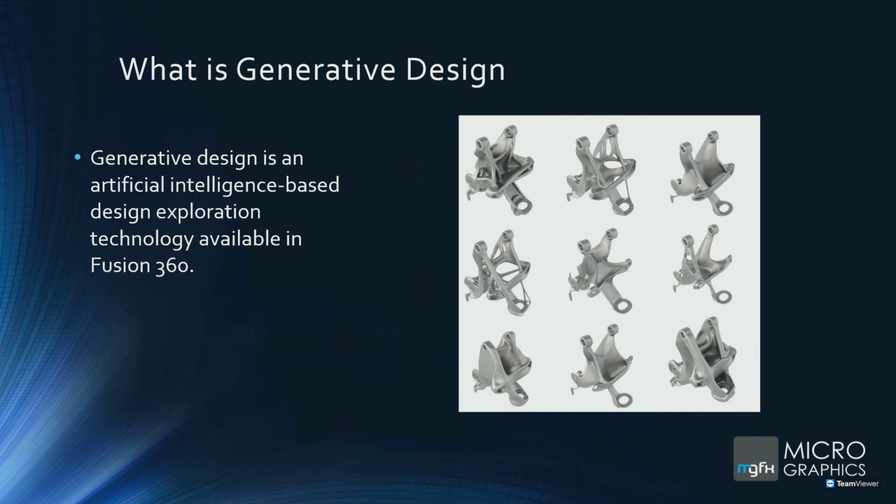So in a nutshell, your designer would input the fixing constraints, the force requirements on the component, the manufacturing requirements on the component, the material requirements, and the AI on the cloud will calculate various design outcomes.